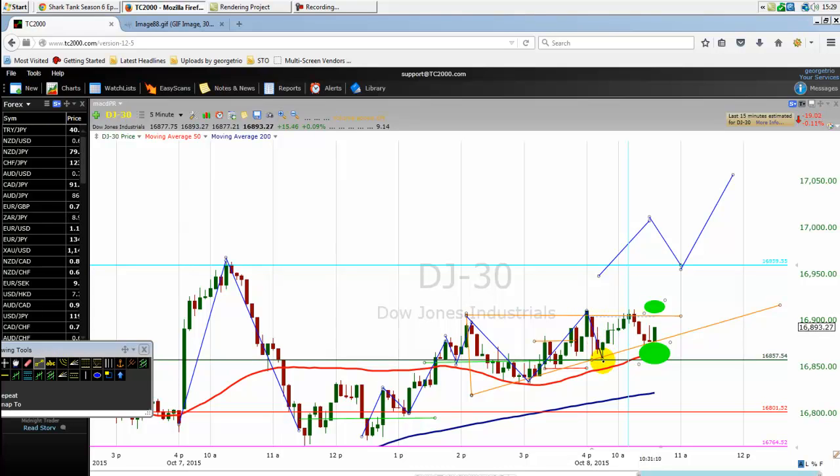This is the C part of our ascending triangle. And now we have the D part of our ascending triangle. And now we have, okay, the E part of our ascending triangle. So this is A, B, C, D, E. All right? It is an ascending triangle, forming higher lows on the edge.